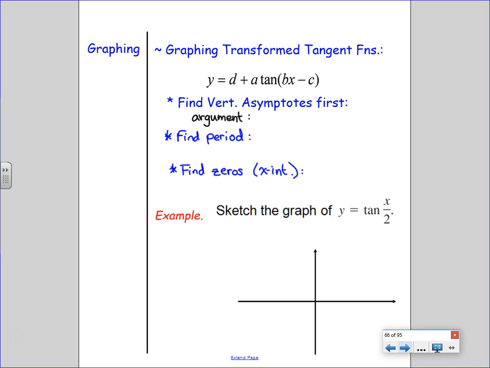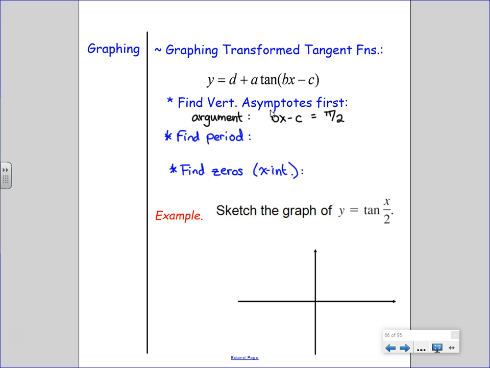So how does this work? Finding the vertical asymptotes first. We take the argument of tangent, which is bx minus c, and set it equal to pi over 2.